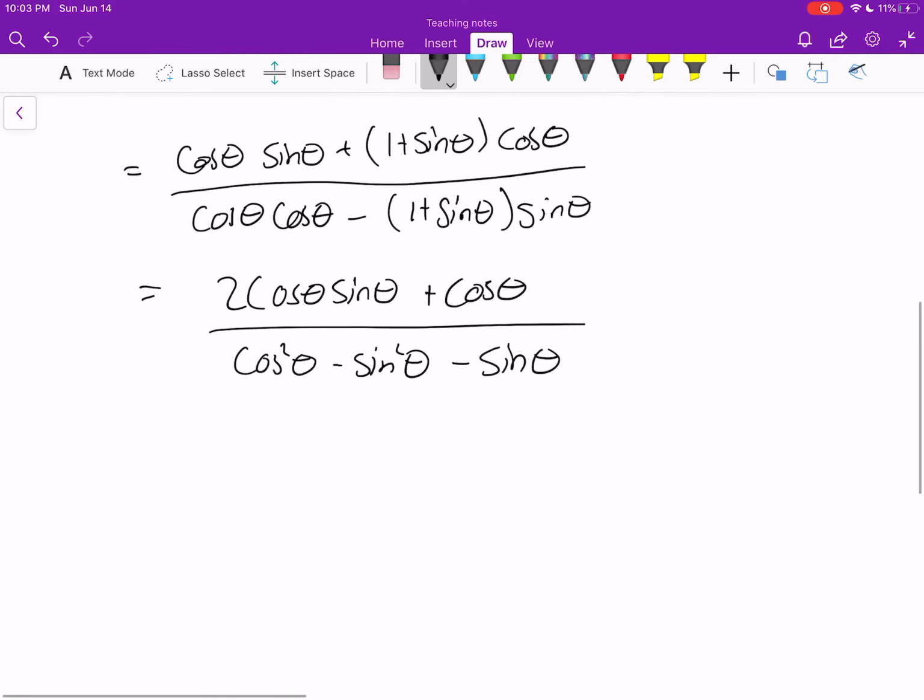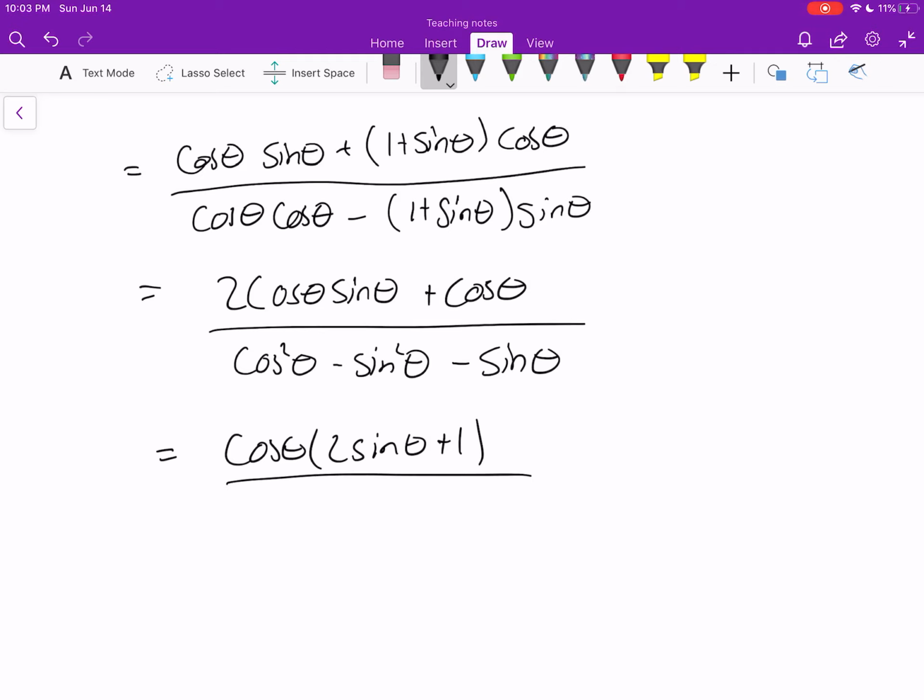Let's just try and clean this up a little bit. For the top, let's factor out the cosine theta. I'm going to get cosine theta times 2 sine theta plus 1. For the bottom, I'm going to rewrite cosine squared as 1 minus sine squared theta, minus sine squared theta, minus sine theta.